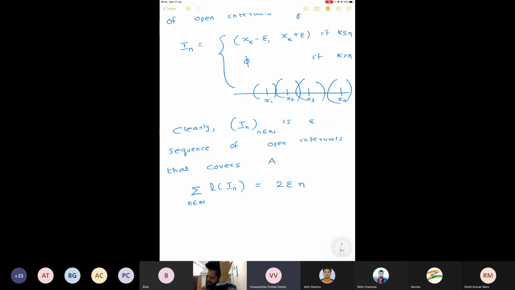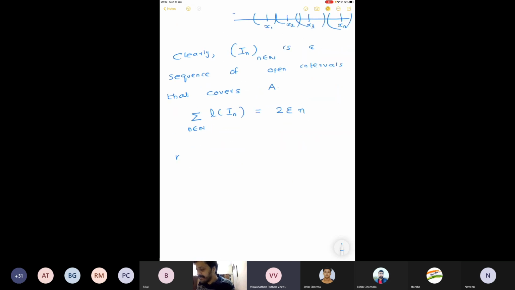Yes or no? And this is summation length In. And what is m star of A? M star of A is infimum of all those things, right? So m star of A will be less than or equal to, by definition, it is infimum of all possible summation length In where union In covers A. So m star of A will be less than or equal to 2 epsilon n, for all epsilon greater than 0.